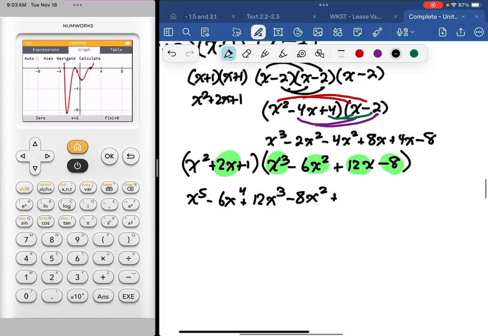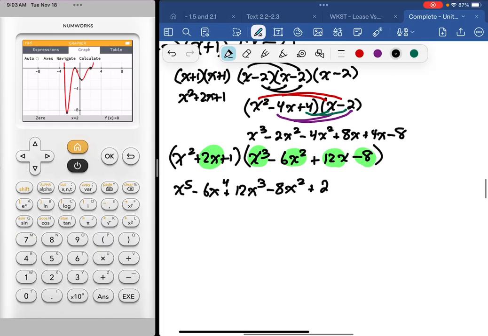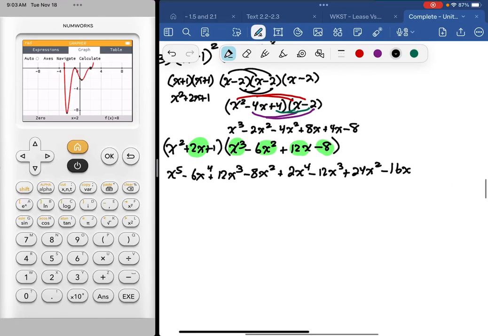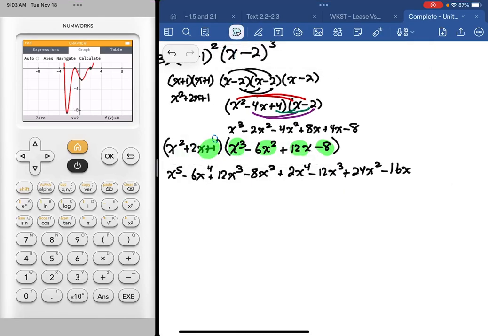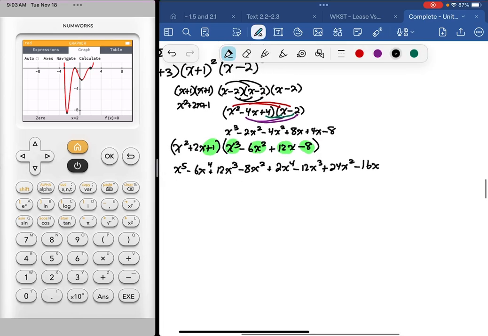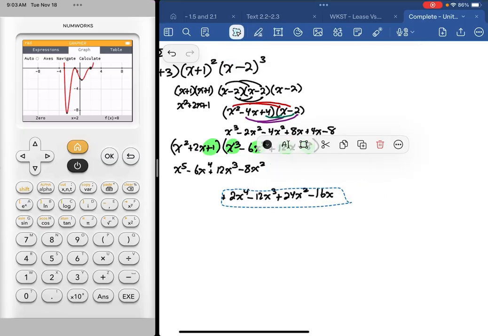Plus 2x to the fourth minus 12x to the third plus 24x squared minus 16x. And you could layer it if you want, stack it one part over the other, because what some people will do is they'll match up the different parts.